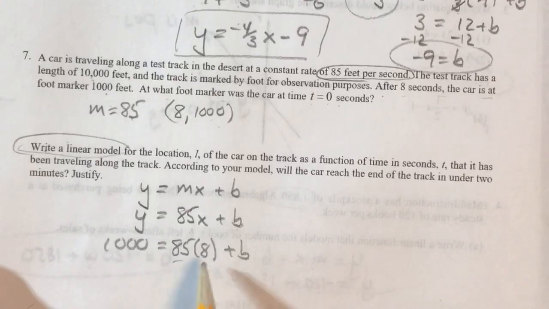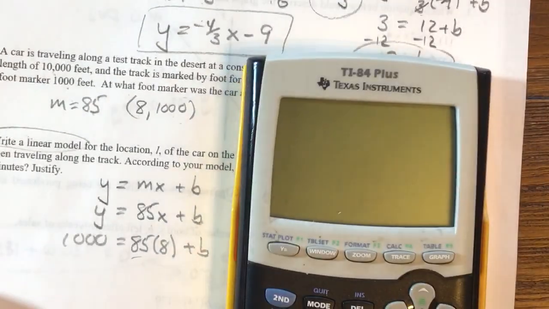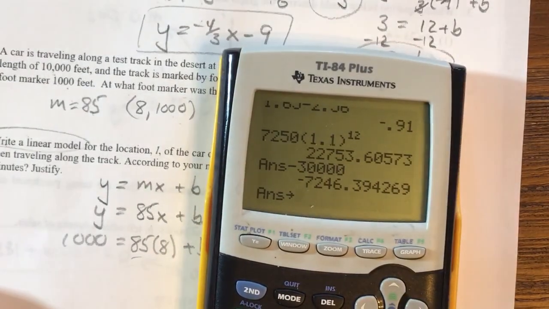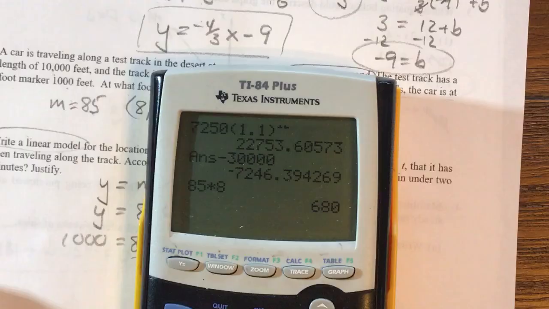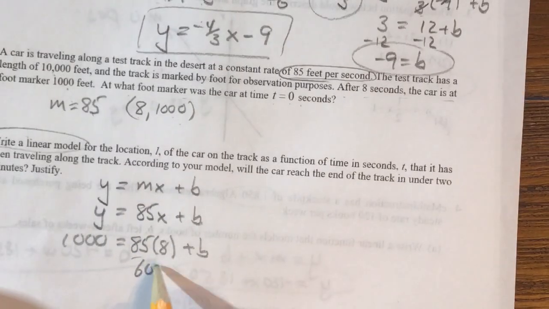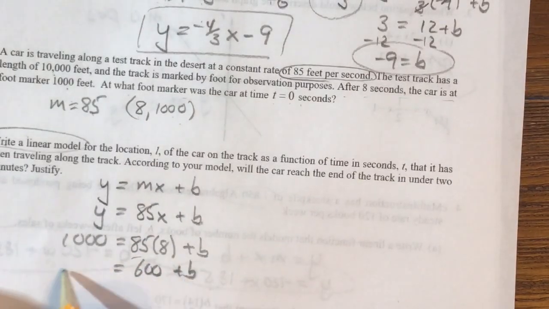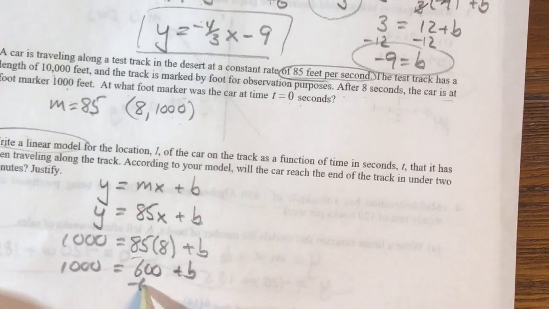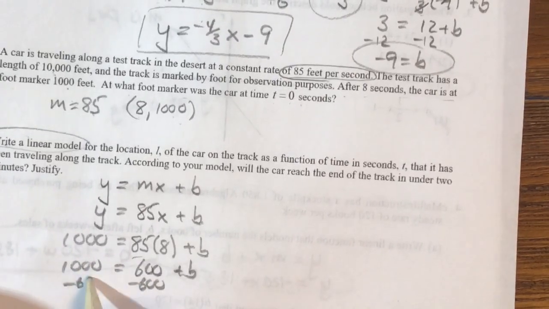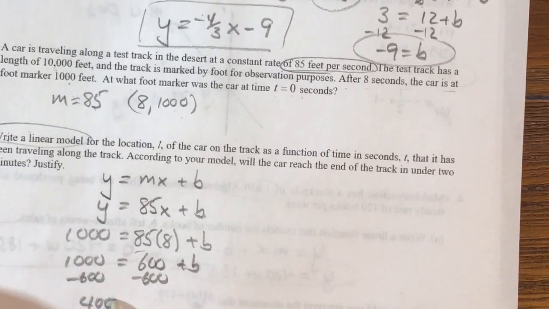Okay, what's 8 times 85? I think we'll bust out the calculator on that one. 85 times 8 is 680. Take away 680 from 1,000 and get 400.